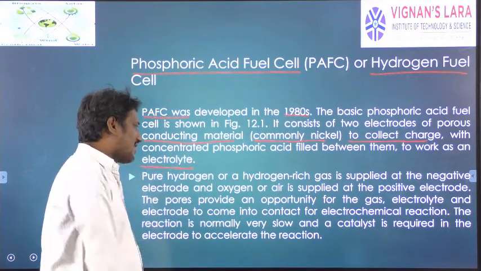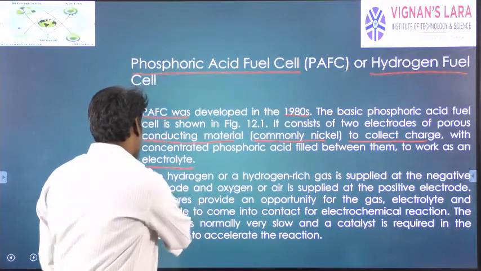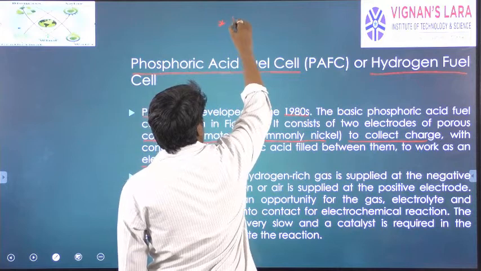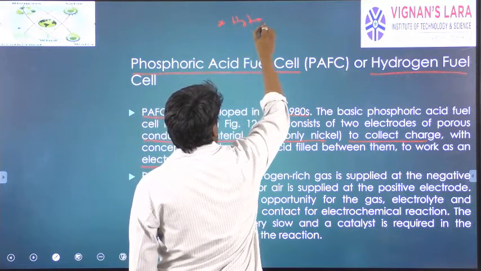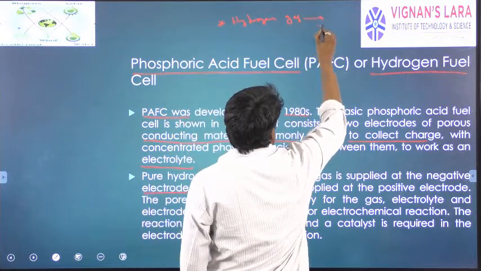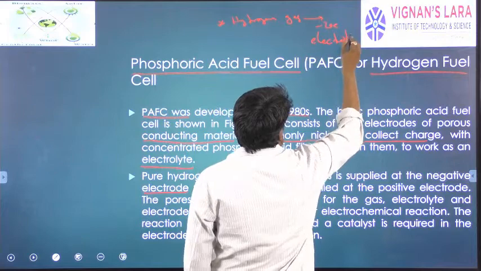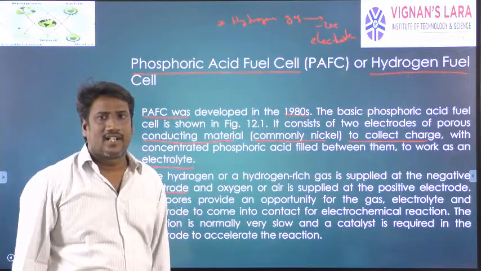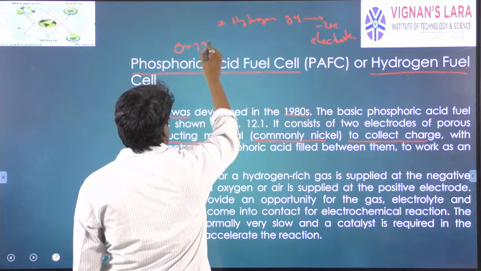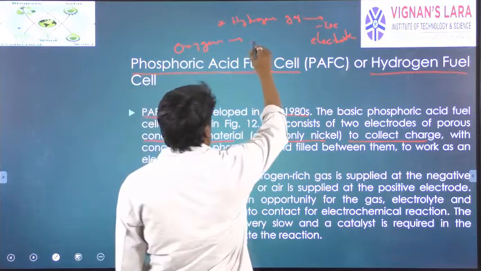Pure hydrogen or hydrogen-rich gas is supplied to the negative electrode, whereas oxygen gas is supplied to the positive electrode.